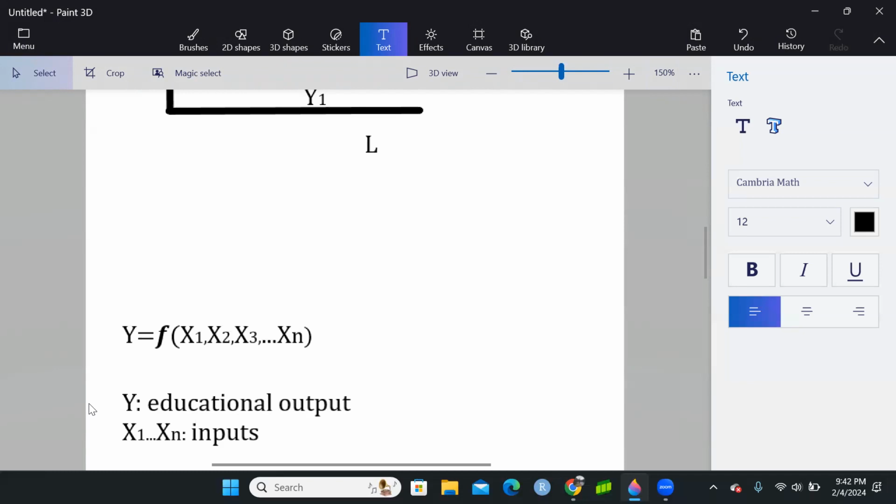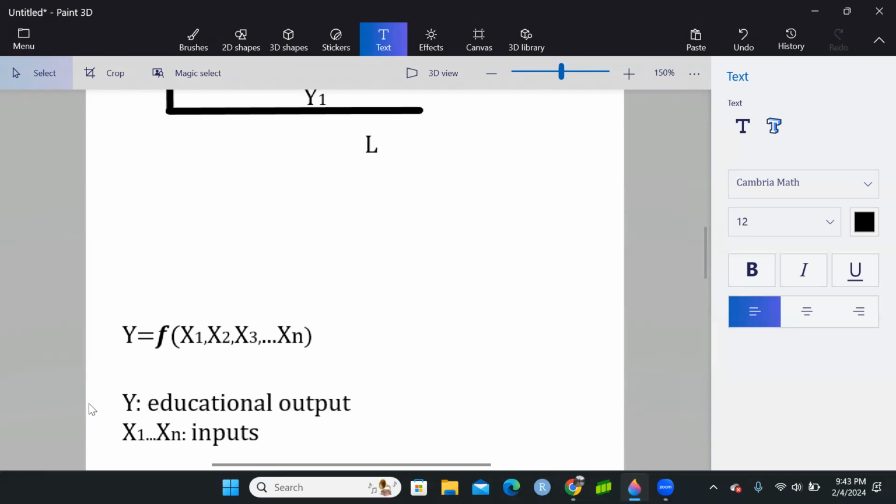Typically, in the economic literature I've read so far on education production functions, it's generally measured in terms of standardized test scores. You might also measure it in terms of years of college, years of schooling overall.